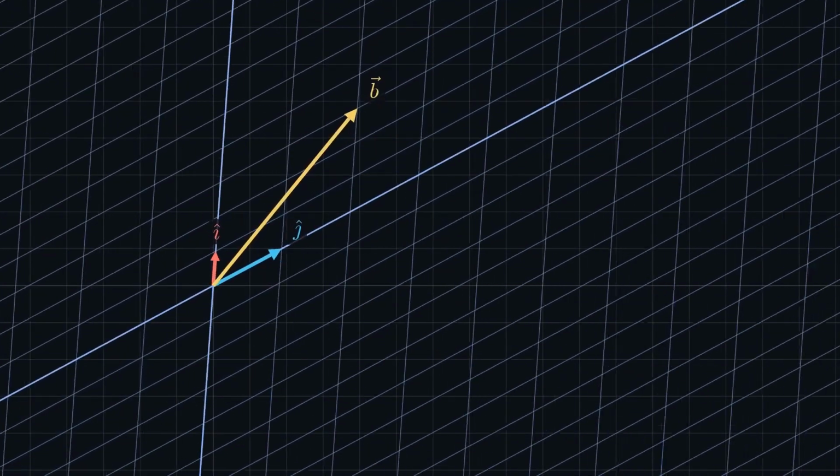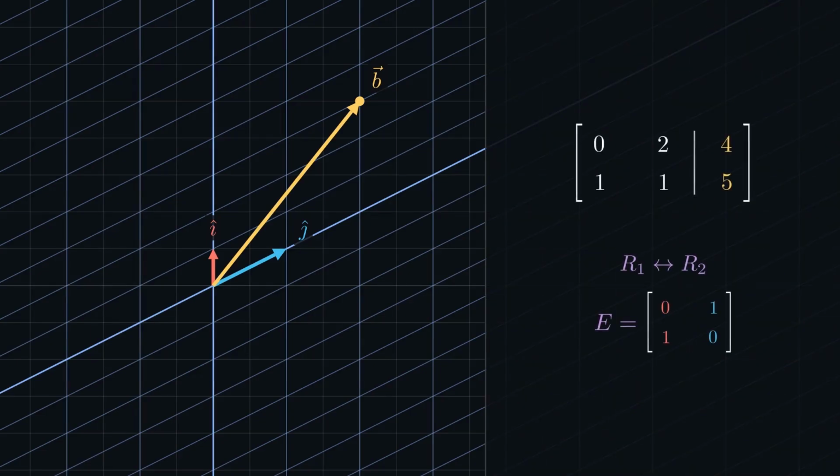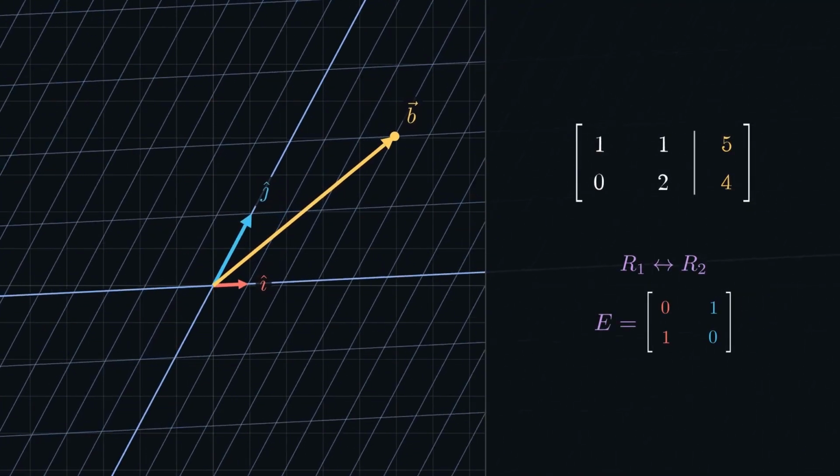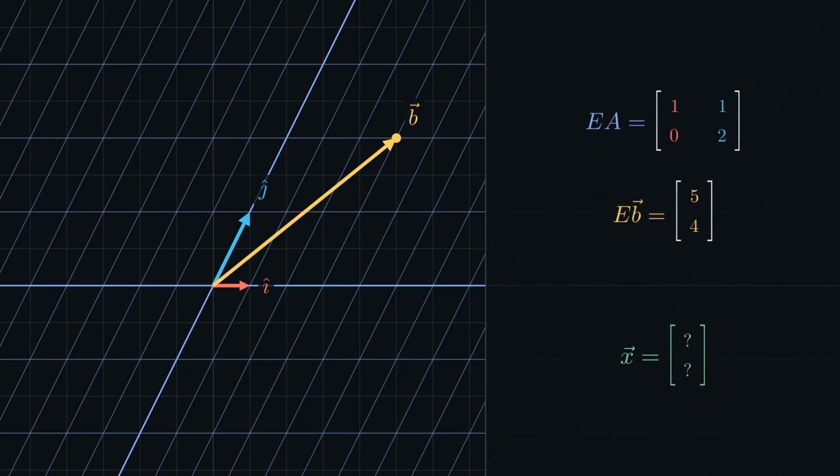Let's look at a concrete example now. Again, we want to find the vector x that after the transformation gets b. Let's walk back until we get the row-echelon form. We need to find x.